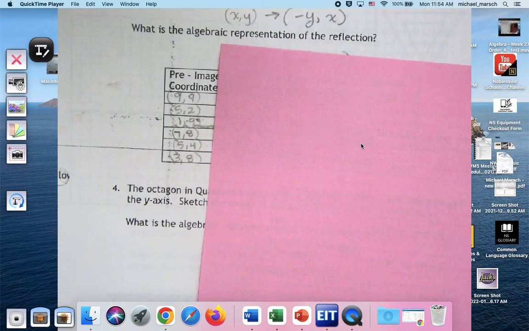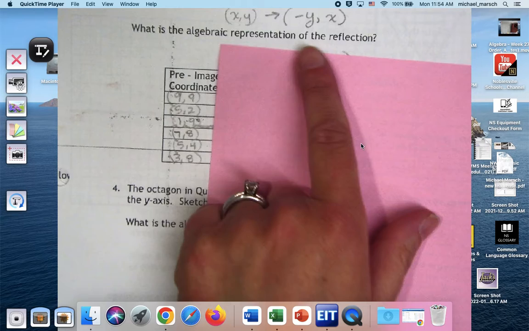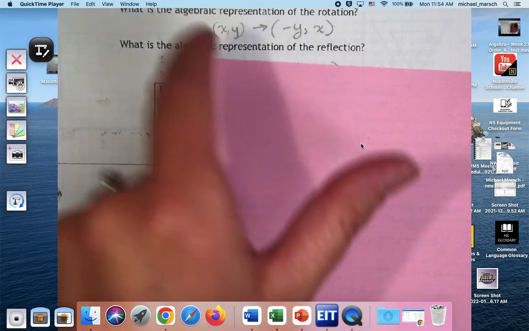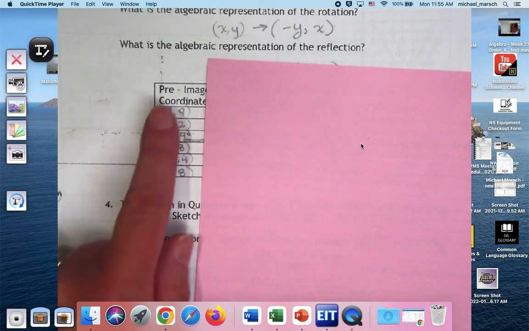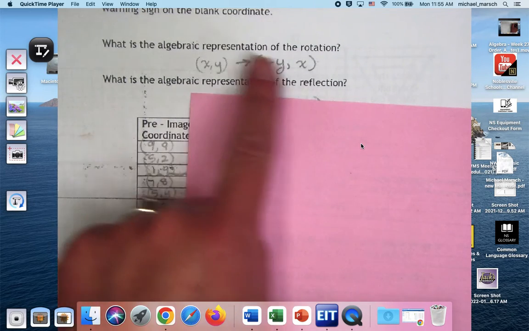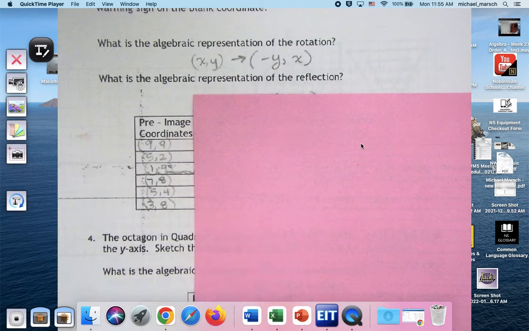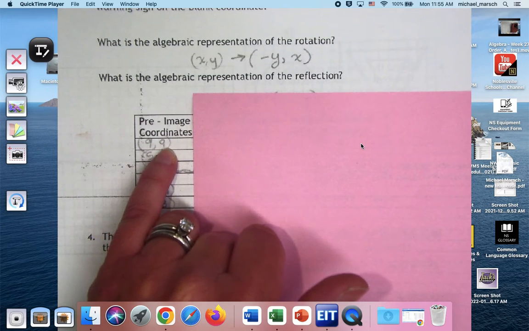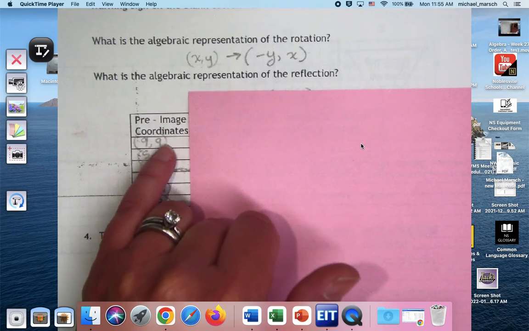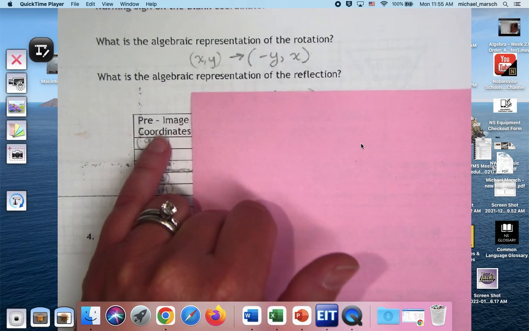And now what you're going to do is use this opposite y, x to make the middle column, but you're not going to plot that. We're going to plot the third column. We're doing 2 transformations. So you're going to take these and do opposite y, x to get the middle column of values. What will the first one be if it's opposite y, x? Negative 9, 9, because y becomes the opposite and x stays the same.